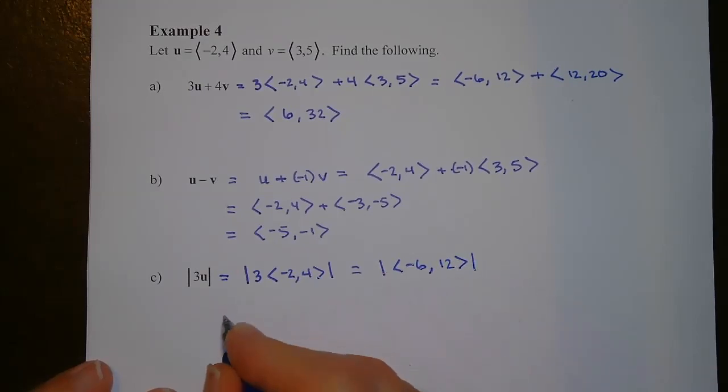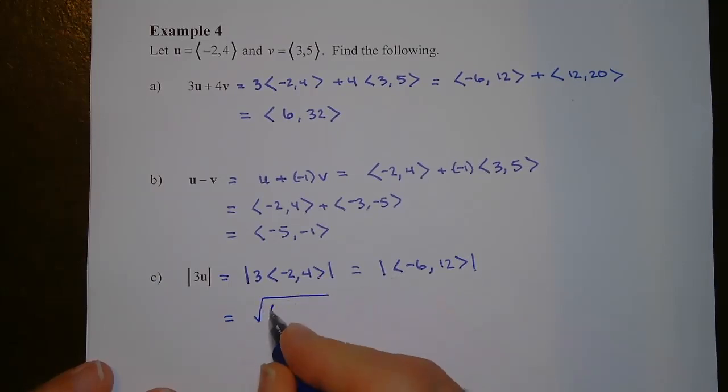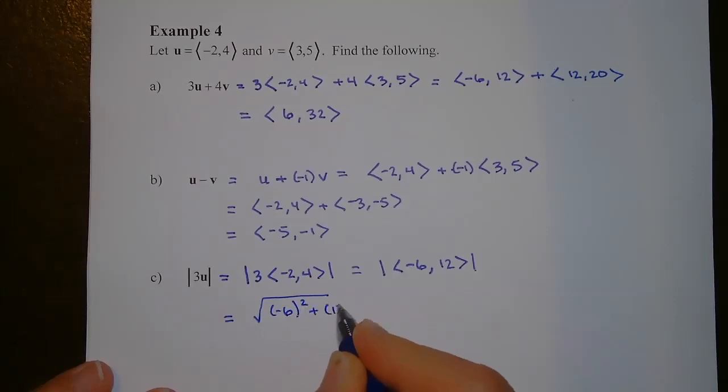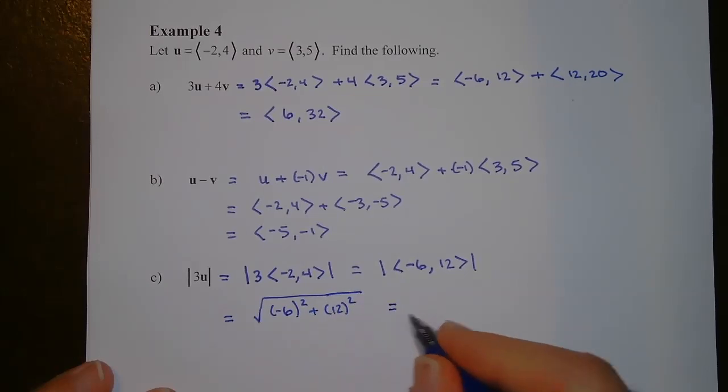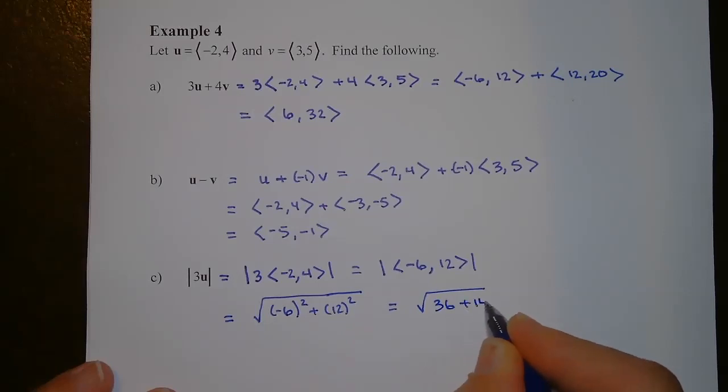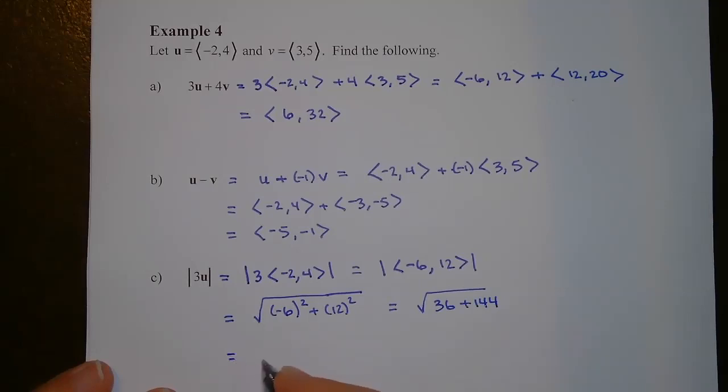So this would equal the square root of negative 6 squared plus 12 squared. So this would equal the square root of 36 plus 144, and that would equal the square root of 180. Then you could put that in your calculator and get an approximation for this.